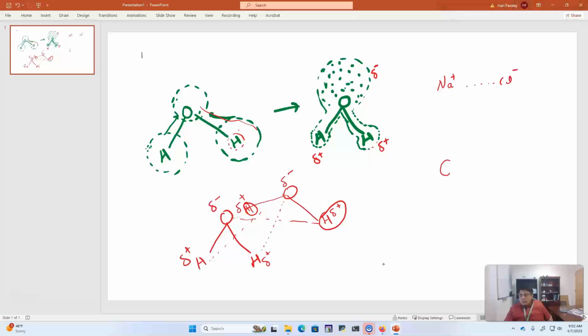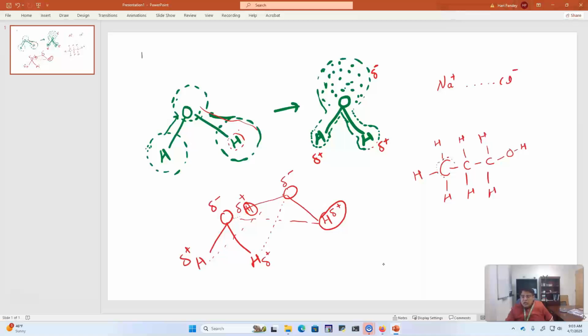Let's say propanol: carbon, carbon, carbon, OH. Electrons are moving everywhere, but for a very small time, electrons accumulate in one place.